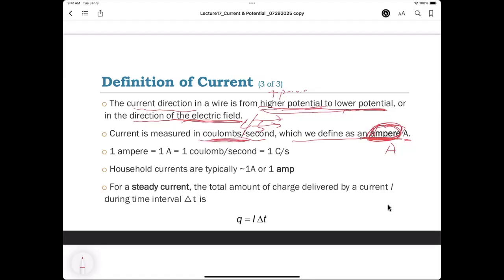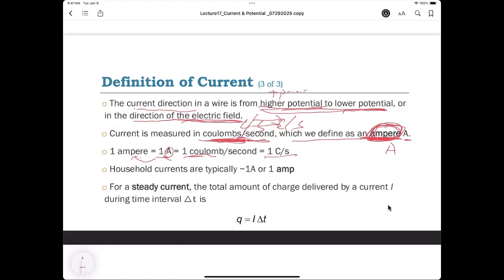Actually, the real current unit is C per second. 1 ampere, 1A, is just a short name for 1 coulomb per second.